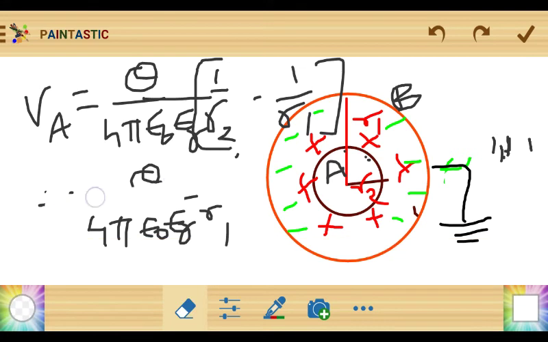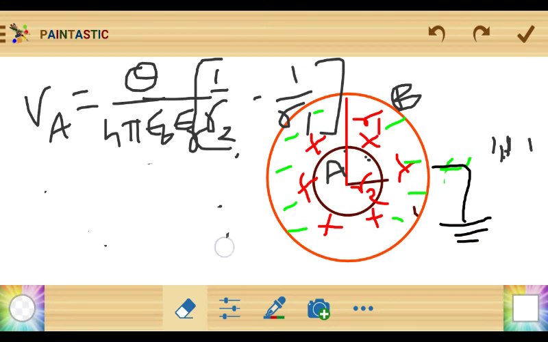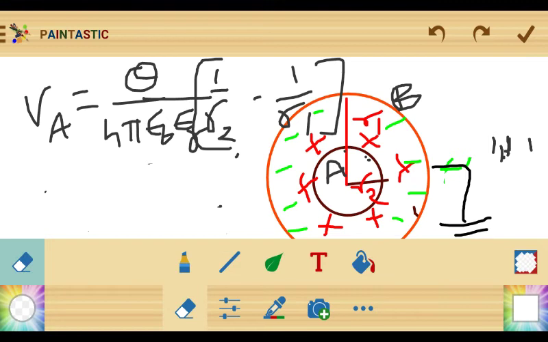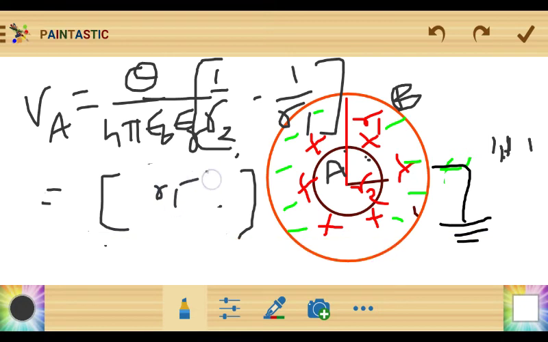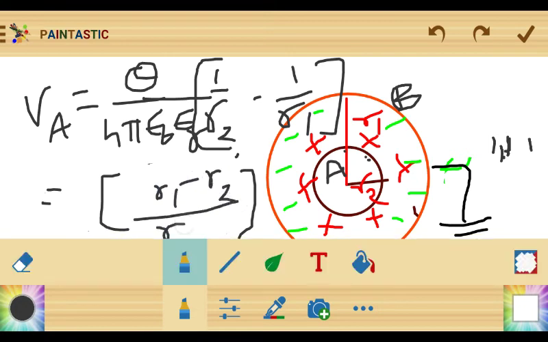I think it is clear. We are taking common q upon 4 pi epsilon 0, and by simply taking the LCM, keeping other constants there, it becomes r1 minus r2 upon r1 into r2. Remaining things are here, this whole thing is still here.